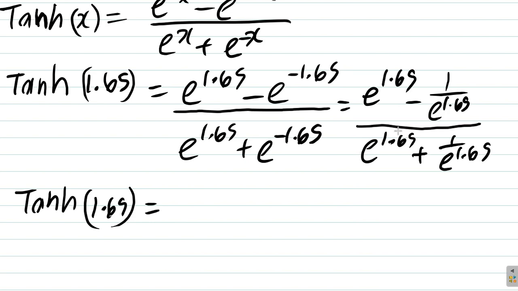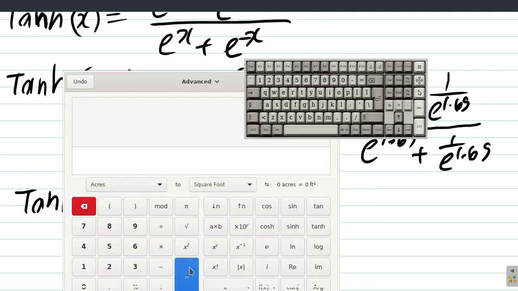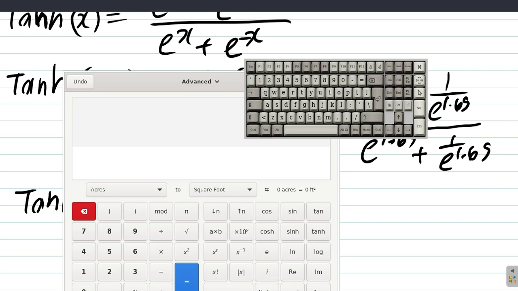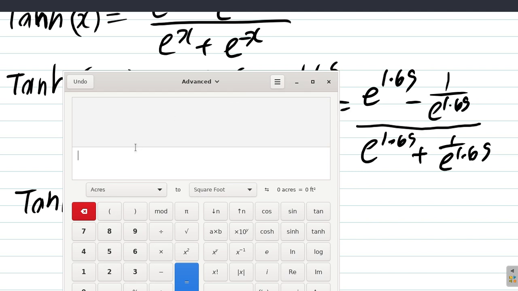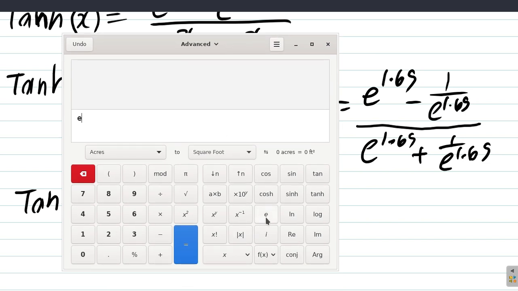Let's use our calculator. So here now, e raised to the power of 1.65 is equal to, let's say, 5.207.